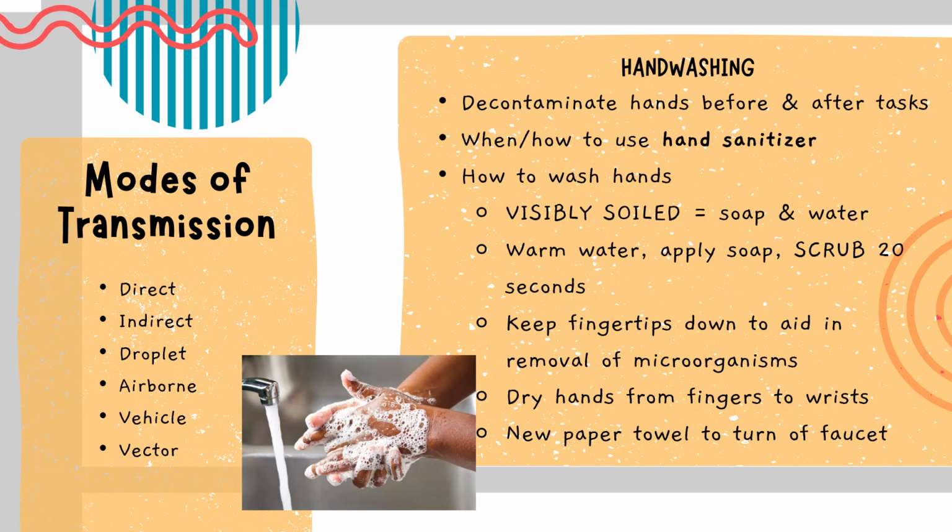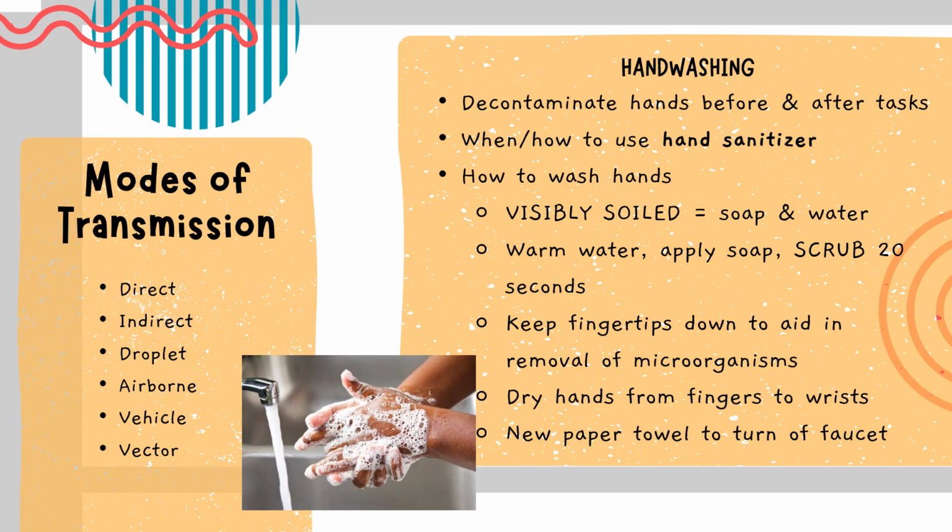The second type of mode of transmission, so you have direct and indirect. Now we have droplet transmission. Droplet is a large respiratory droplet, typically greater than 5 microns. Droplets can travel 3 to 6 feet before they fall. This is commonly spread by a cough, a sneeze, someone talking, or anytime you're suctioning a patient.